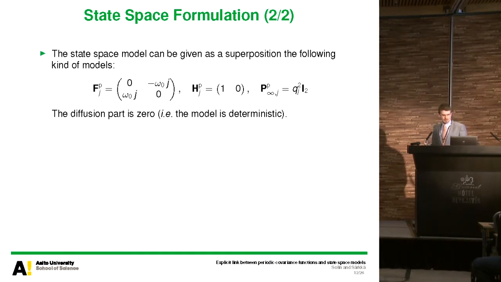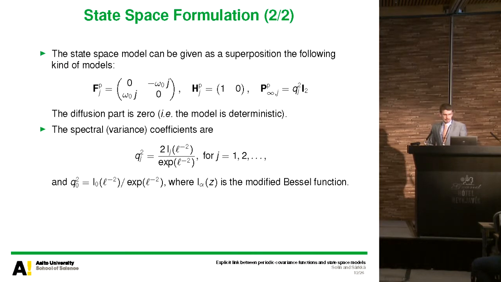That gives us a state space model where we have the feedback matrix F, the observation model H, and the stationary covariance of state variables P infinity, given in this form. For the canonical periodic covariance function, we can actually solve the q_j's in closed form, which gives us something like this.